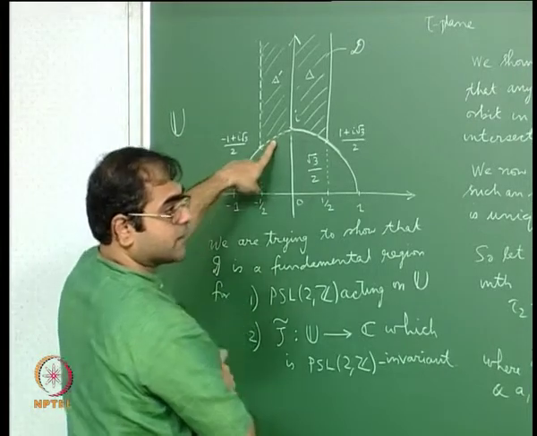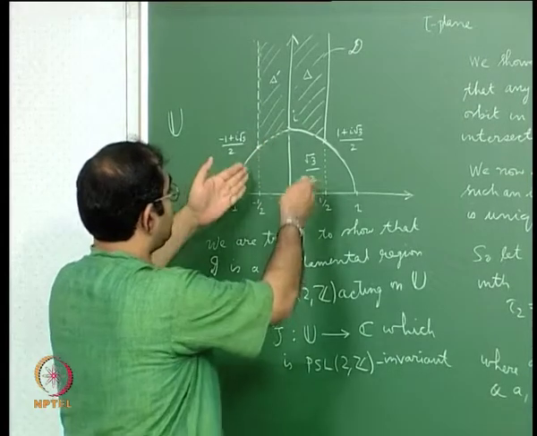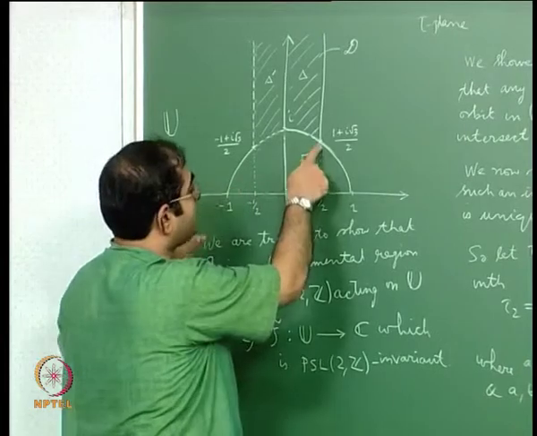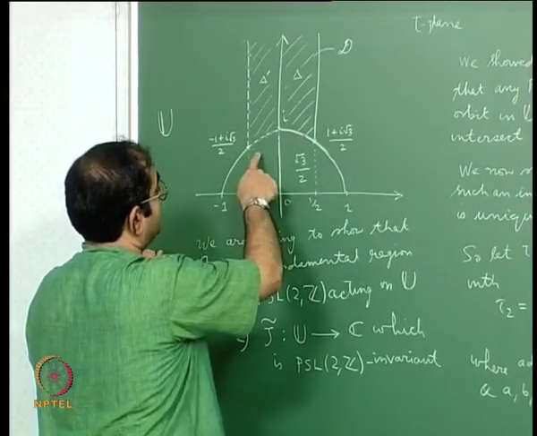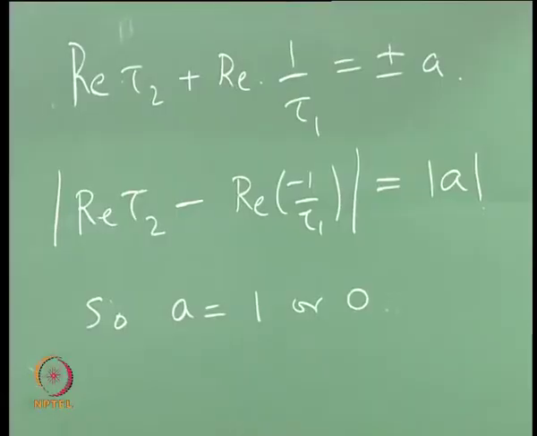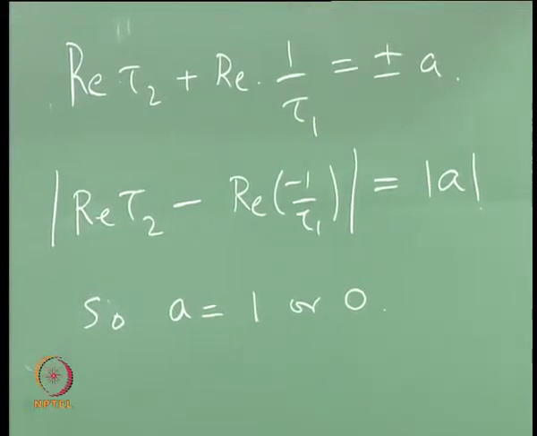If a is 1, then they have to lie on these two vertical lines, and 1 is here. And of course I also have that the imaginary part of tau 1 is equal to the imaginary part of tau 2.